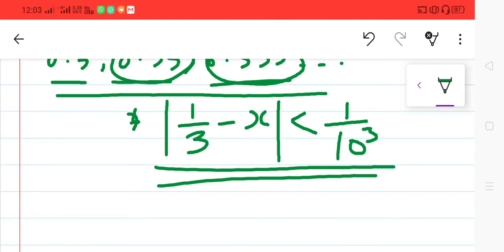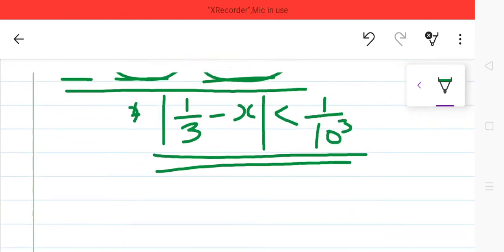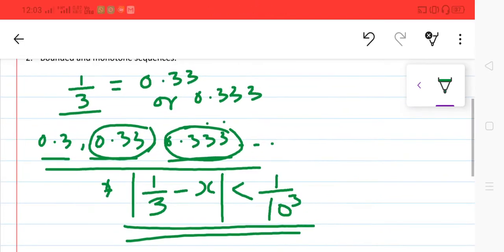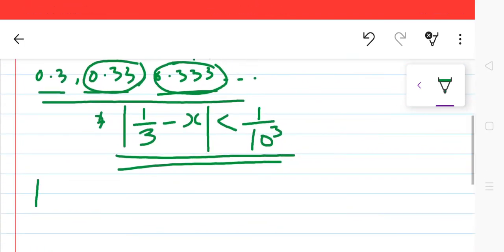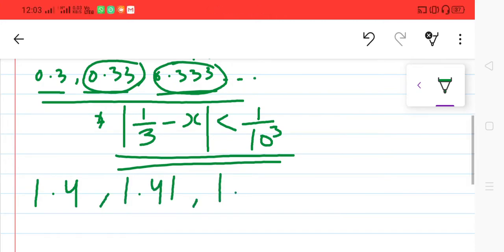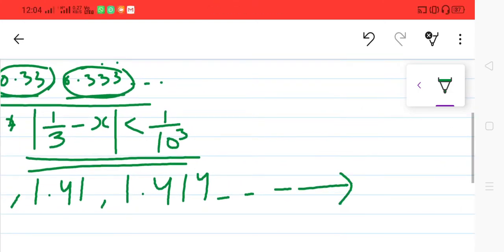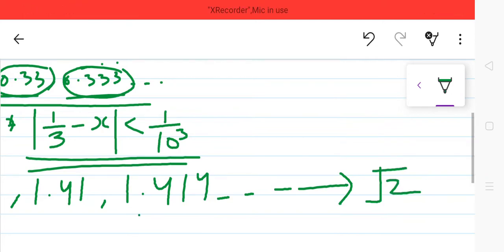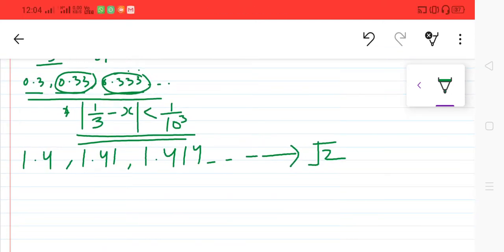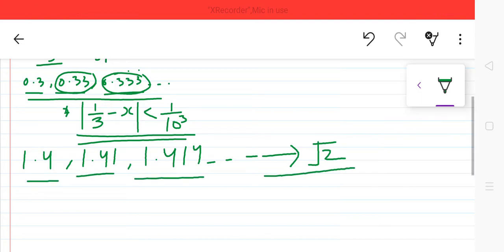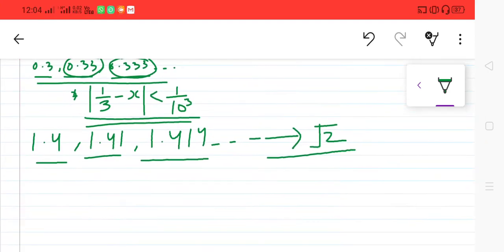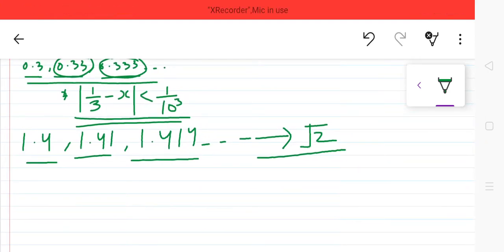We will see it later, but you can see 1.4, 1.41, 1.414. It is going towards root 2. I'm not using the word converges because you are not familiar with this. This is the approximation of root 2, so we are getting close to root 2.